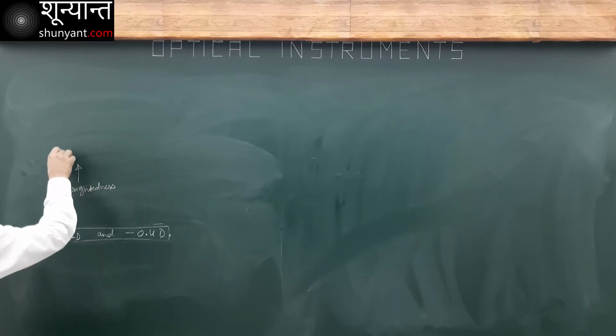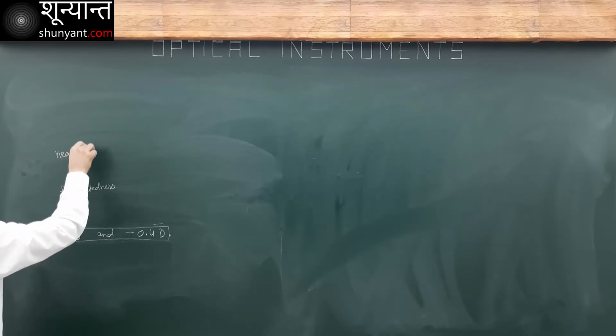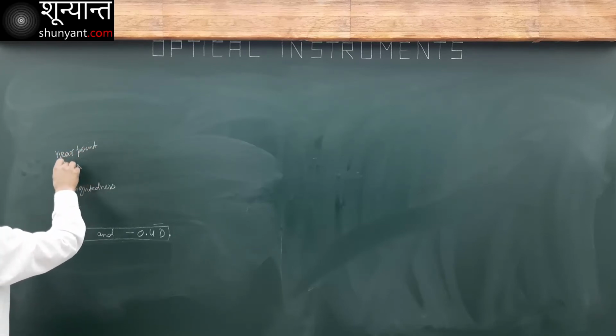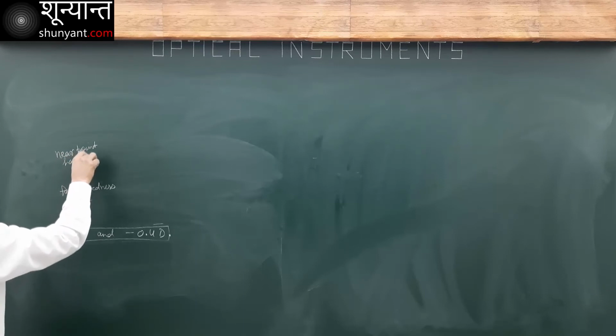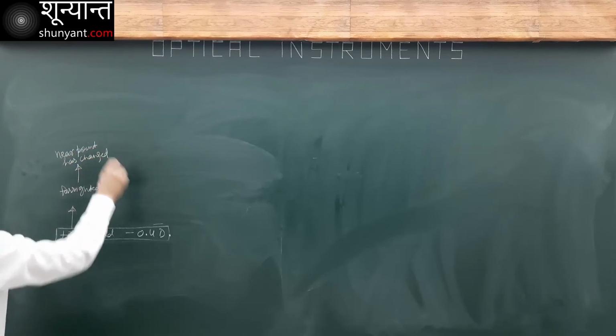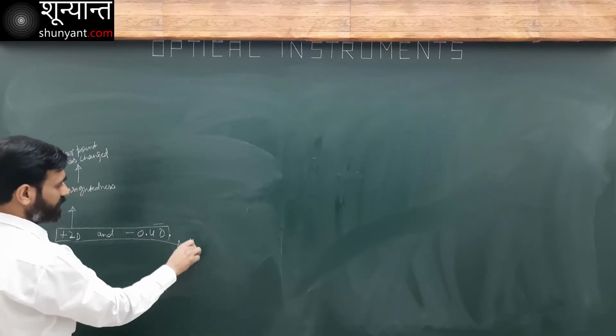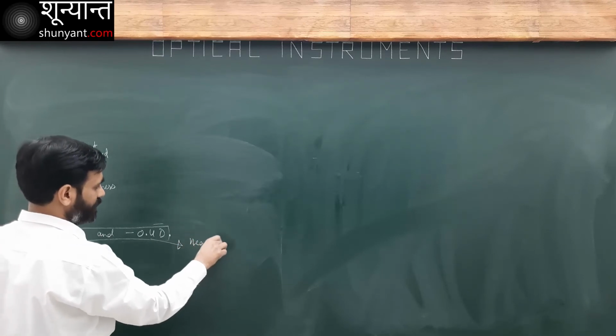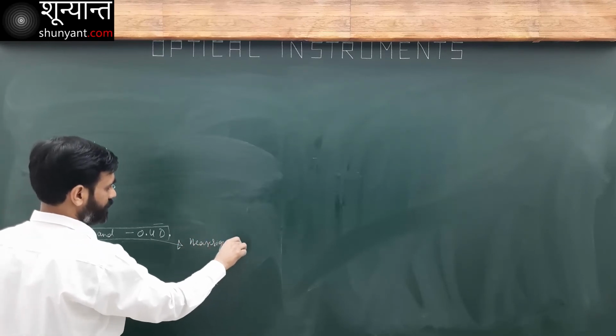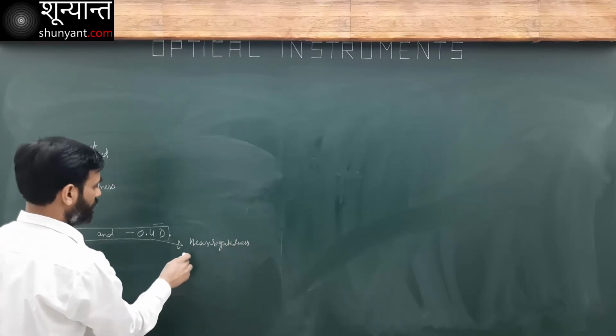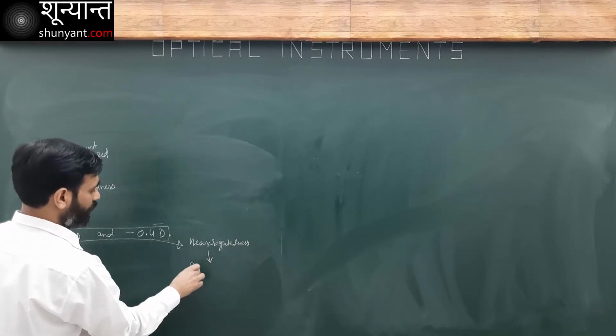Near point has changed. And this is for nearsightedness. Here the far point has changed.